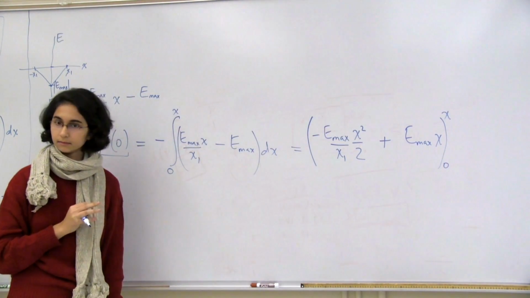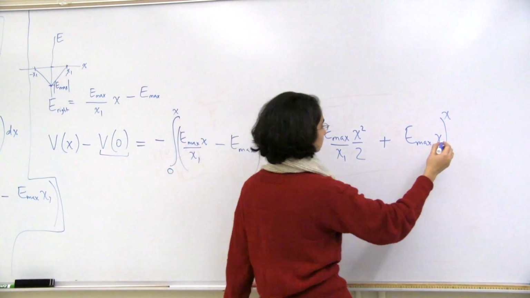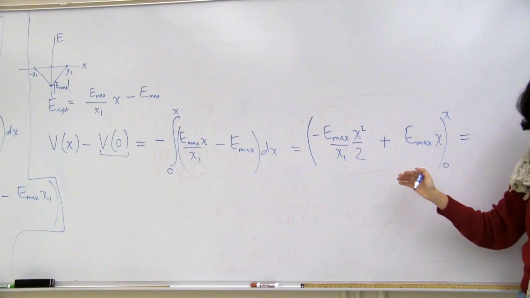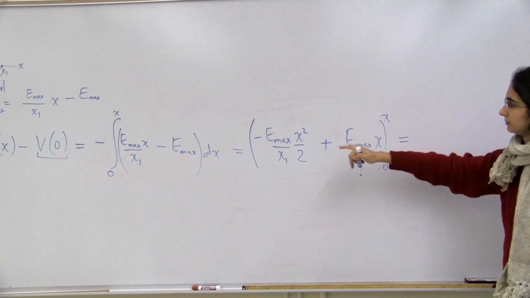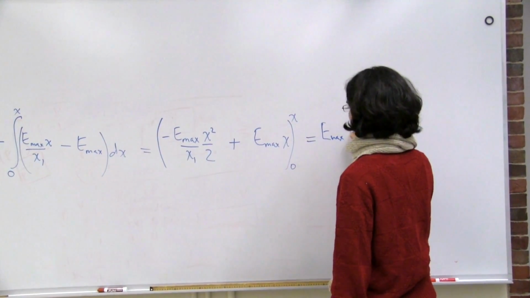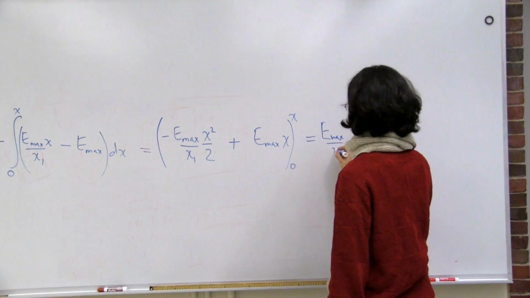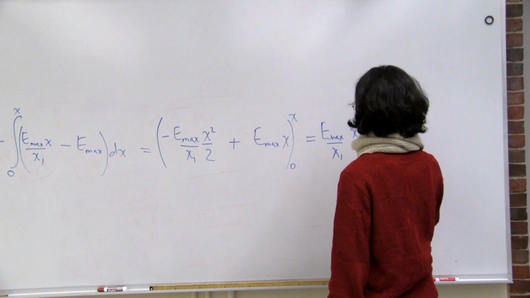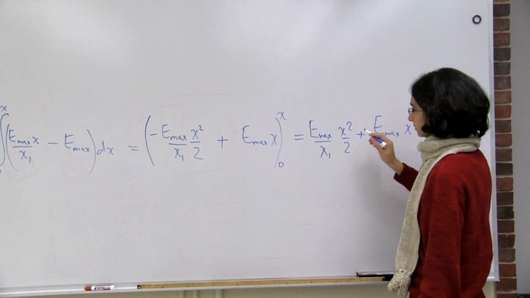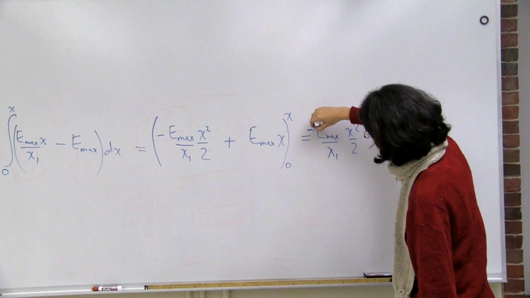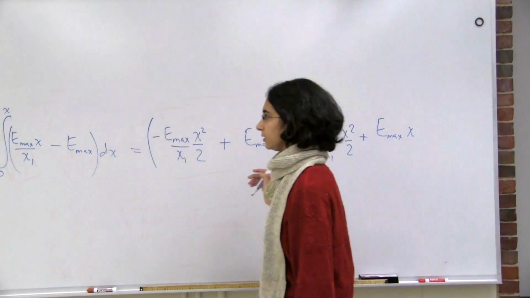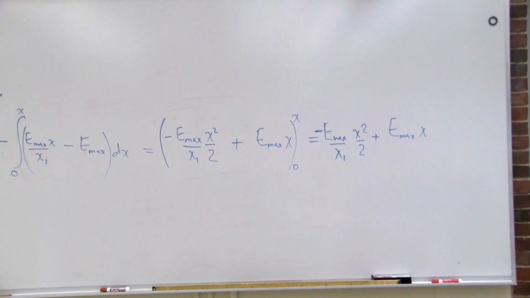The 0 part will just make this 0, so this just stays as that expression, with the negative sign. So this is my expression for this potential difference.